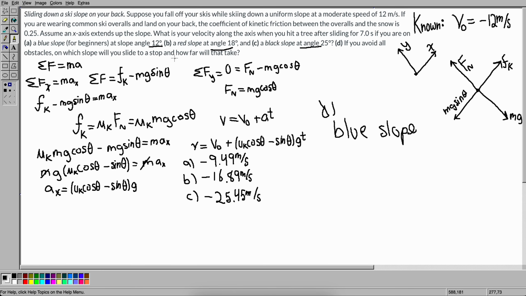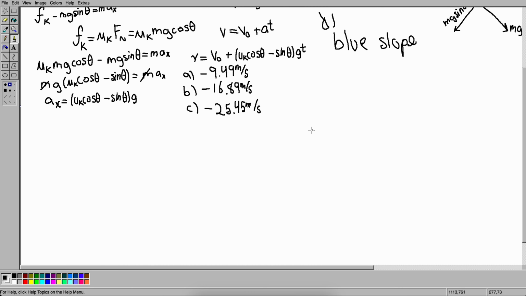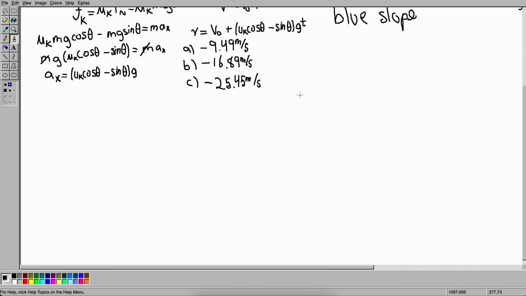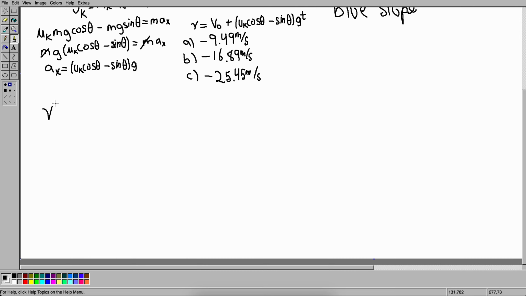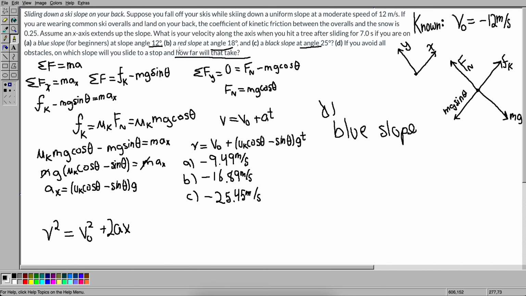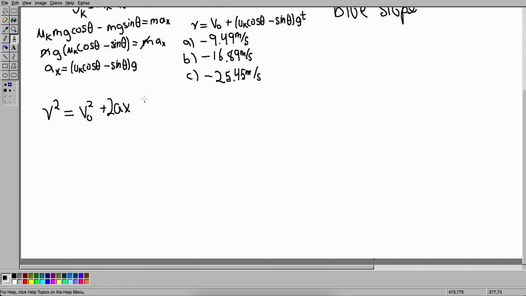And how far will it take? For this, we can use another physics equation. Final velocity squared is equal to the initial velocity squared plus 2ax. Now this x will give us the displacement, but we can just later take the absolute value of it to get the distance, because it wants how far, not what's the final displacement.